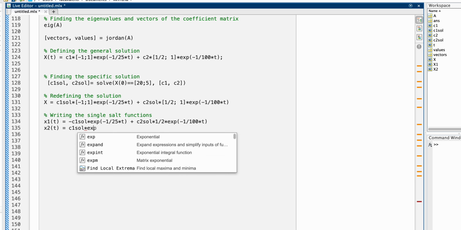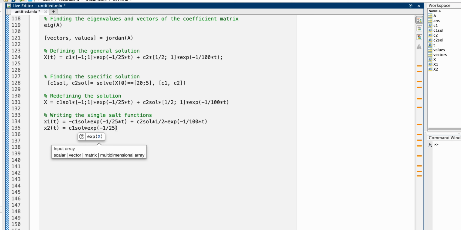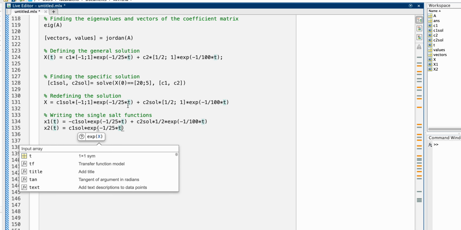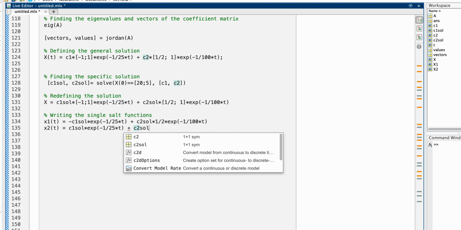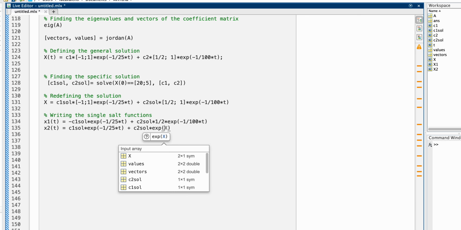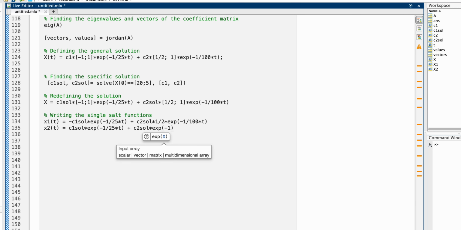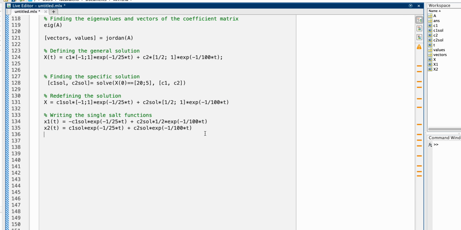And here we have exponent of negative 1 over 25 all multiplied by t, and then we're going to have C2 sol multiplied by, well, the bottom here we only have a 1, so we really don't need to write it, and then times the exponent of negative 1 over 100 times t. And I want that to output too.